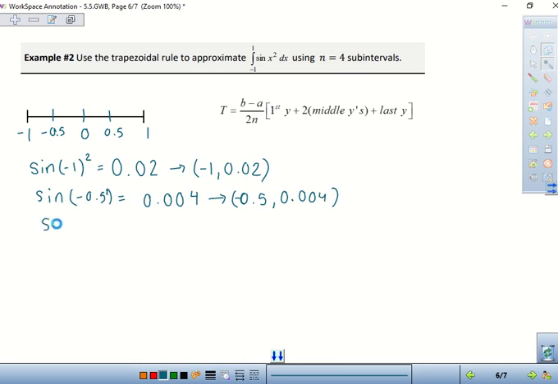And then I'm going to do sine of 0 squared, which I believe is 0. Yes, it's 0. So that would give me 0, 0.